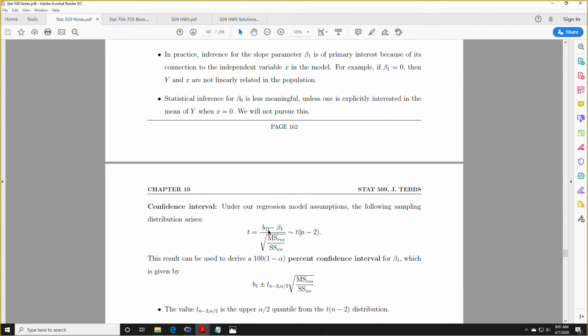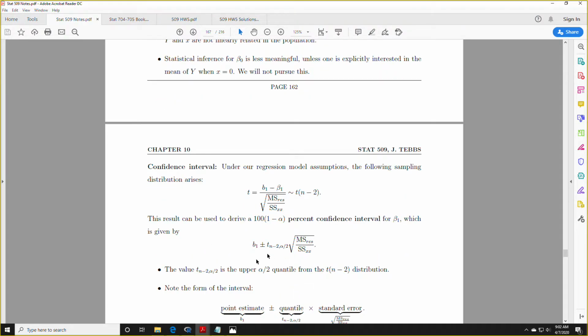We know that beta naught hat, the point estimate, has a normal distribution. So if we subtract off beta 1 hat minus beta 1, and divide by its standard error, then we come up with the t-distribution. And knowing this distribution, we can create a confidence interval. But we're not going to do this by hand. We're going to do it in R.